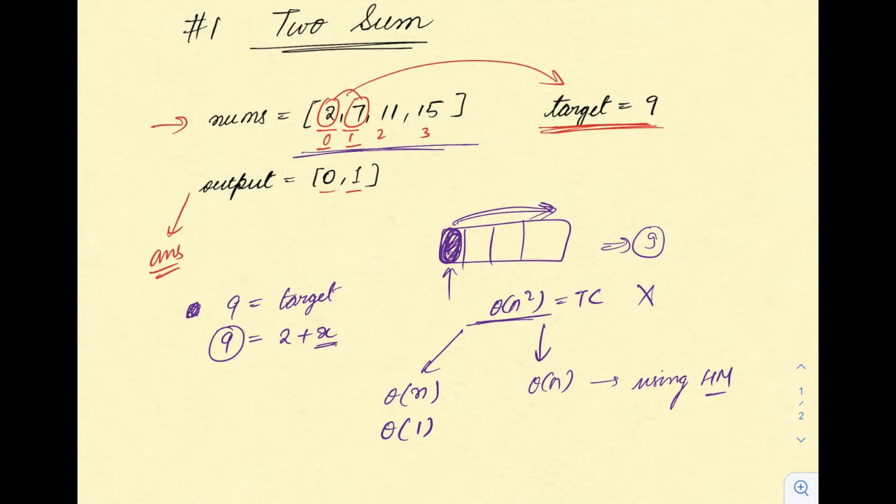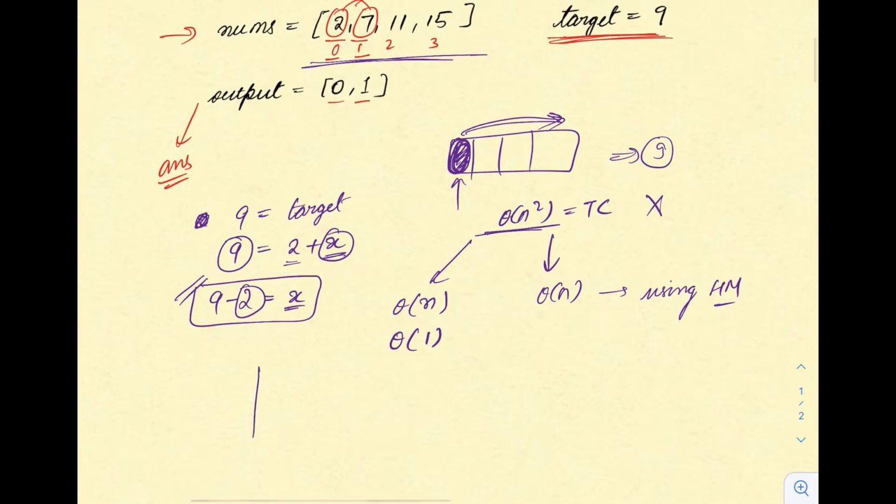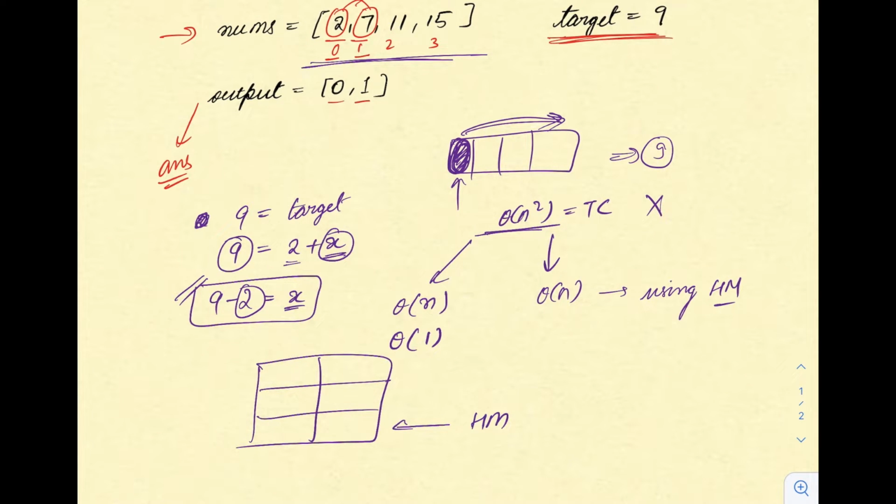So this something is the counterpart of 2. That counterpart is 9 minus 2. If we can store this in some data structure, which is our hash map, then we will be able to find that counterpart in O of 1 time.